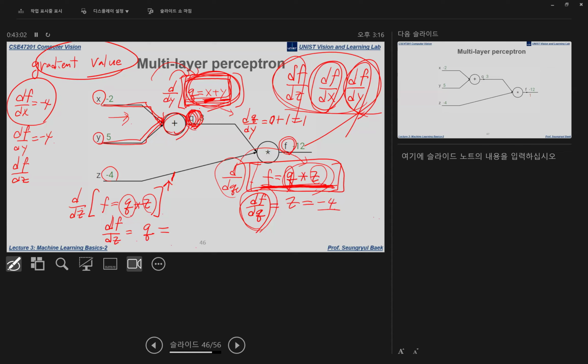But you can see q is obtained from this, and with x and y being minus 2 and 5, it is the summation of 2 and 5, so it becomes 3, okay? So df/dz is 3.